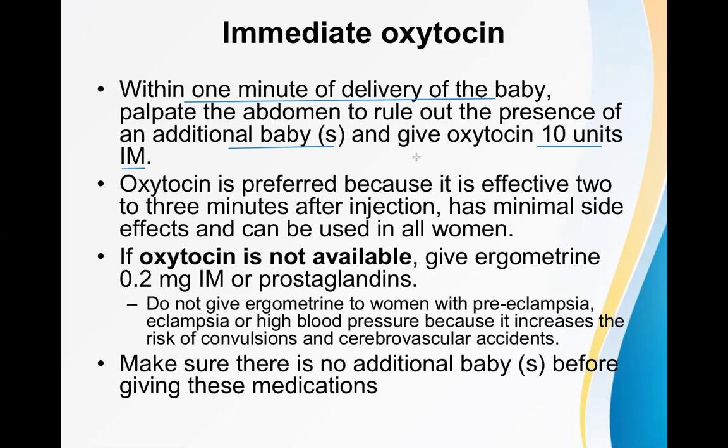If the lady comes to the delivery room in the second stage of labor, she never attended any antenatal visit, and no ultrasound was ever done before, during that time we may take it lightly sometimes. Oh, there is only one baby, the abdomen doesn't look that big, and some mistake can happen. So don't take anything lightly. Just palpate the abdomen to rule out the presence of any other baby. If not, then give oxytocin 10 units intramuscular.